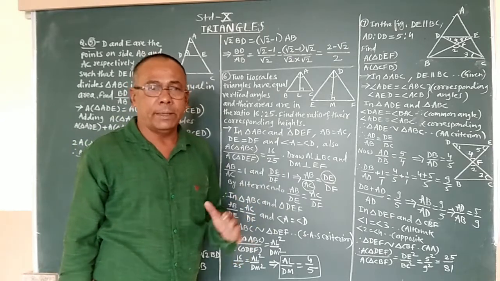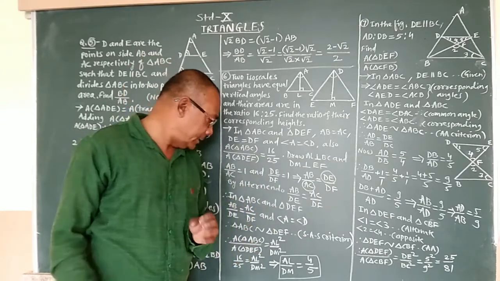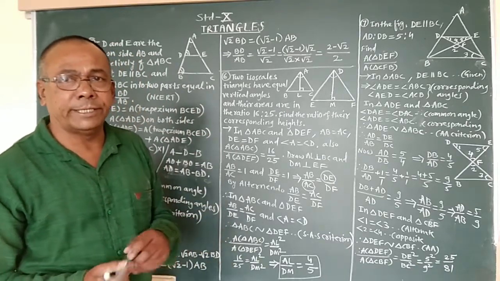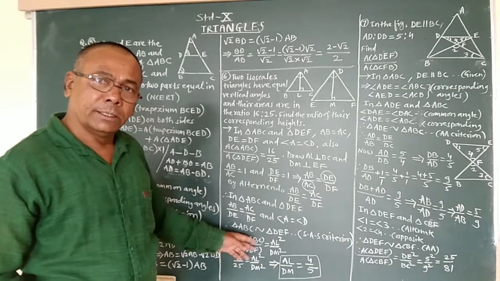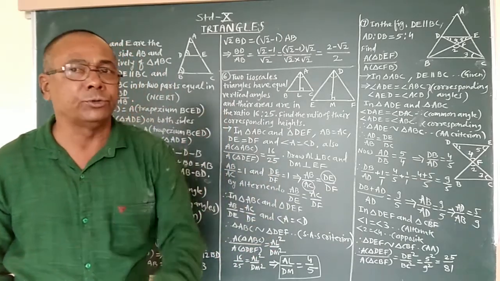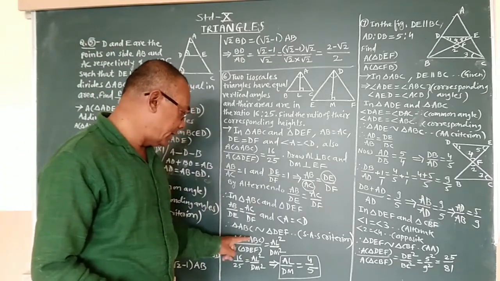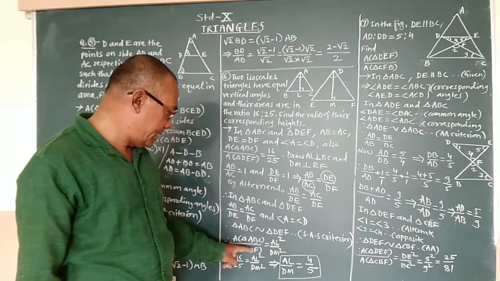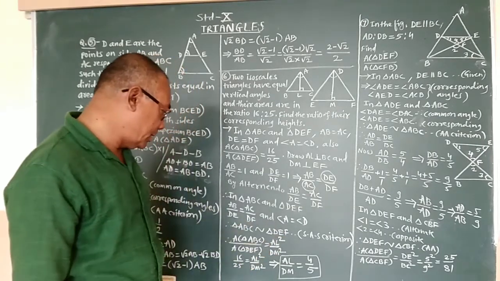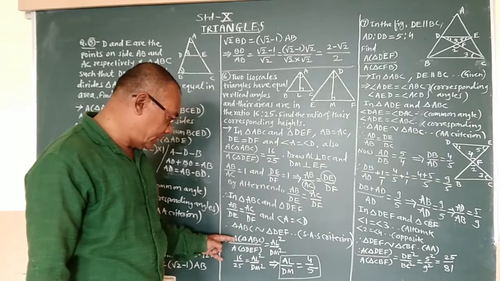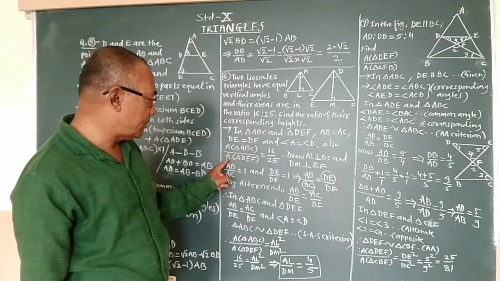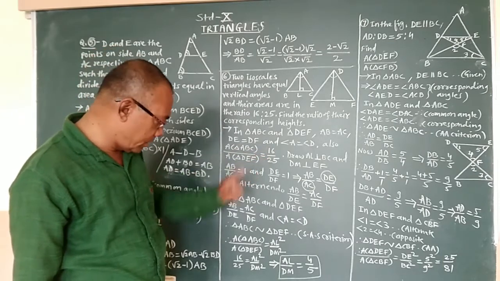Again we have to apply the same property, that is, if two triangles are similar, then the ratio of the areas of the two similar triangles is equal to the ratio of the squares of the corresponding altitudes. So area of triangle ABC upon area of triangle DEF is equal to AL square upon DM square, and area of triangle ABC upon area of triangle DEF is given as 16 upon 25.